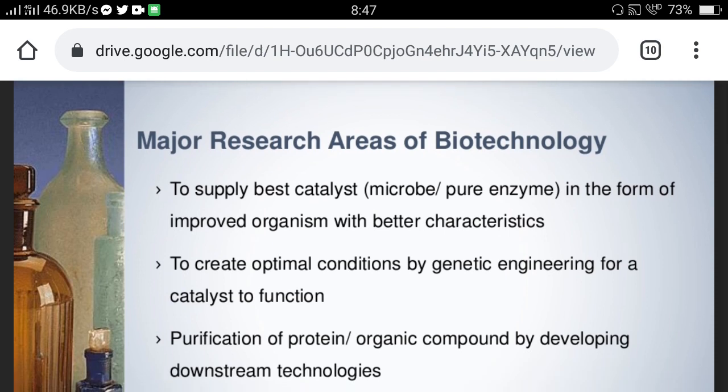Major research areas of biotechnology are to supply the best catalysts, that are microbes, pure enzymes, in the form of improved organisms with better characteristics, to create optimal conditions by genetic engineering for a catalyst to function, and purification of protein and organic compounds by developing downstream technologies.